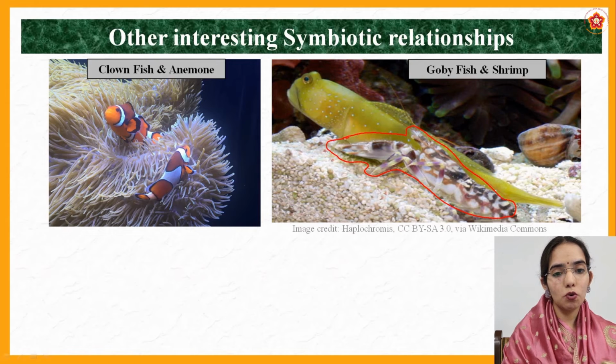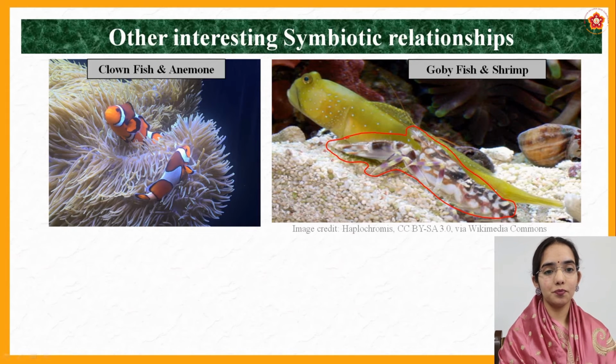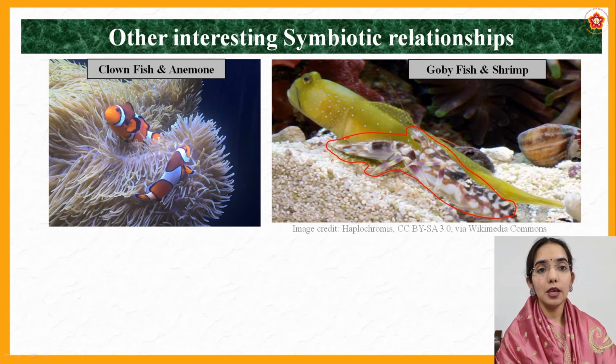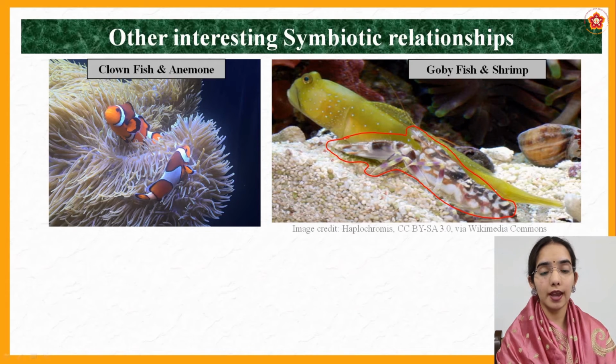This shrimp is almost blind, but it is very good at making burrows. So whenever a predator comes to eat the shrimp or goby fish, both of them hide inside the burrow. But how will the shrimp come to know that a predator is coming, because it is almost blind?